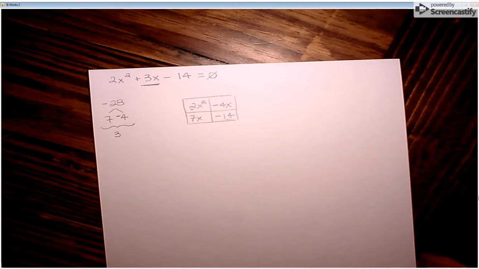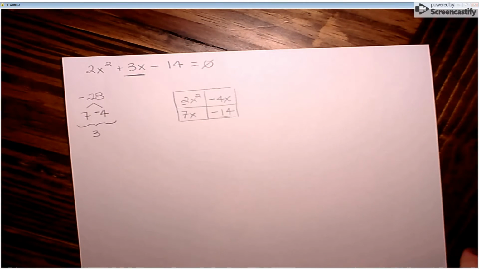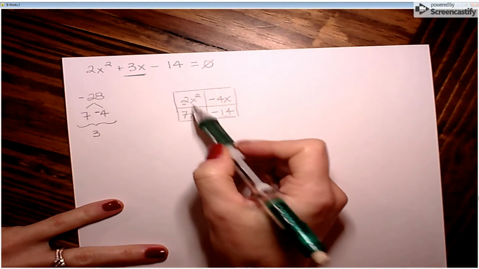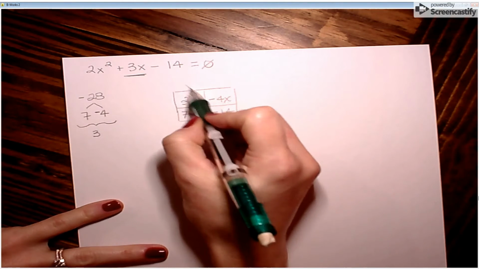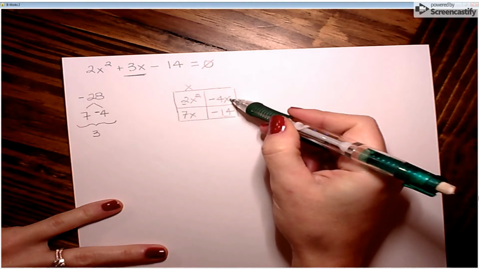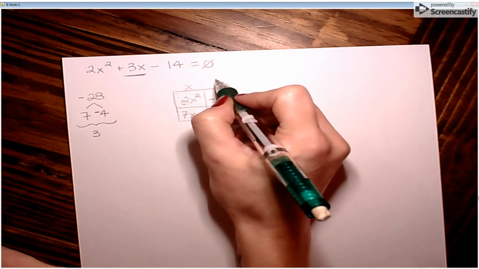And now going from the inside out, we're going to look for our greatest common factors. I'll just zoom in a little bit, make sure you can see what's going on. So this column right here, 2x squared and 7x, all they have in common is an x. Negative 4x and negative 14, they are only both divisible by 2.